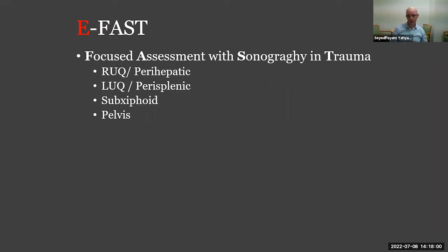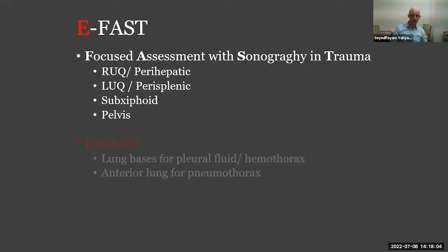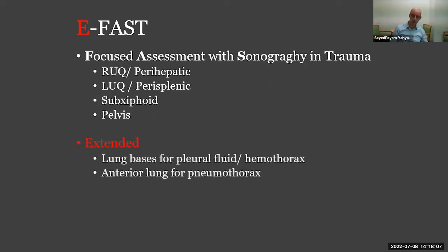Then several years ago, the E part of it, the extended FAST, was added, which is basically looking at the lungs anteriorly for the pneumothorax and at the bases for the detection of hemothoraces.